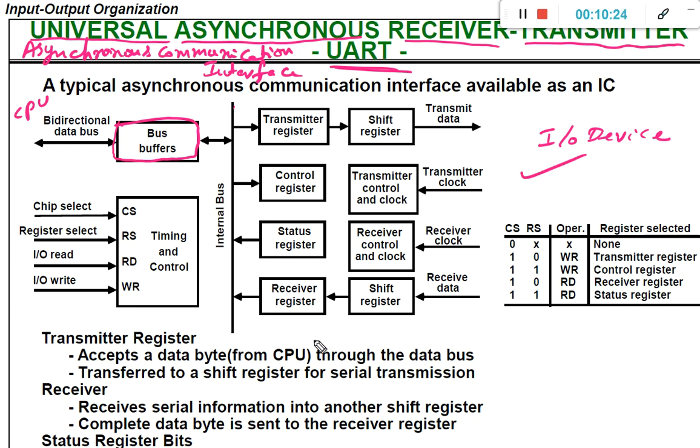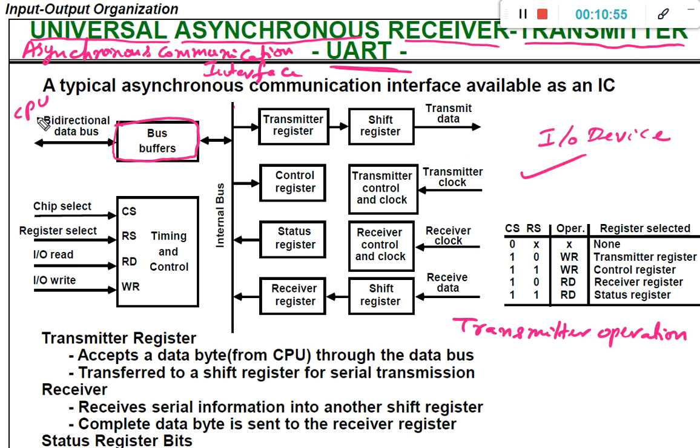First of all, let us see the operations separately. Initially, let us go through the transmitter operation, to perform the transmission of data. The transmission of data will be from the CPU to the particular IO device.